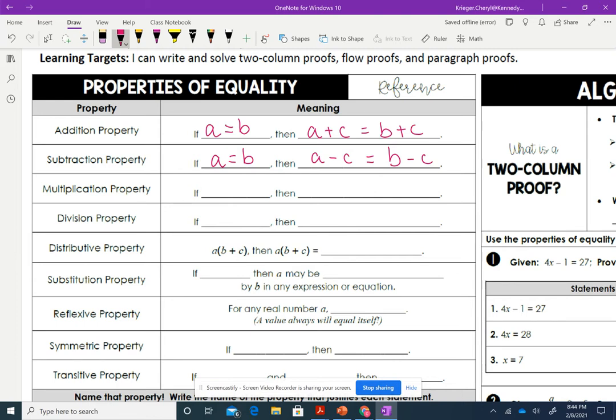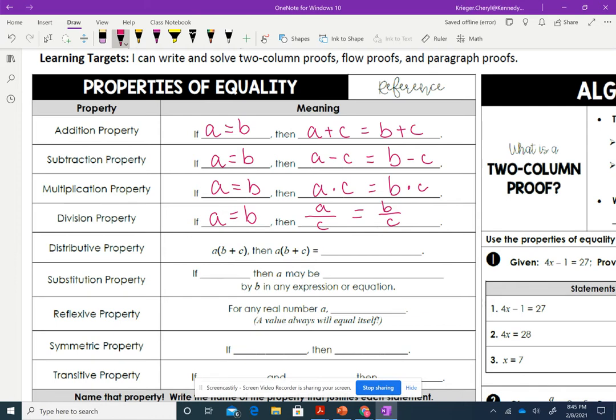We could subtract the same thing on both sides, and A and B would still be the same. The multiplication property says that if you have A equal to B, then you could say A times C is equal to B times C. The division property of equality, if A equals B, then A divided by C is equal to B divided by C. So far it's pretty common sense.